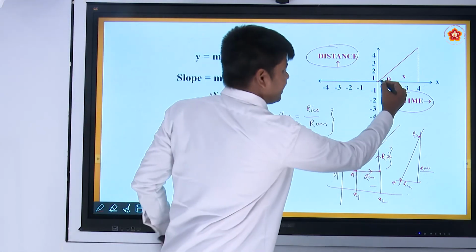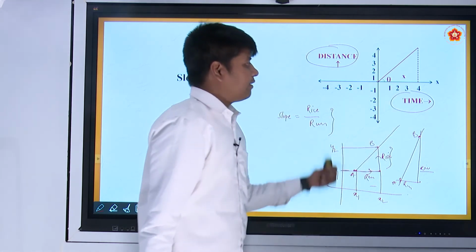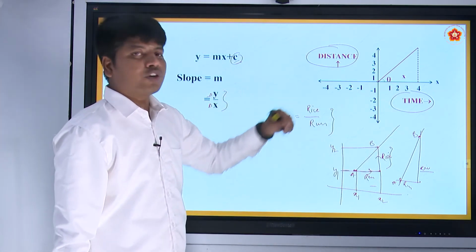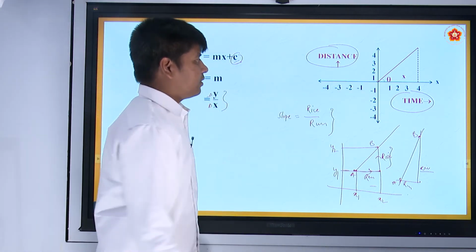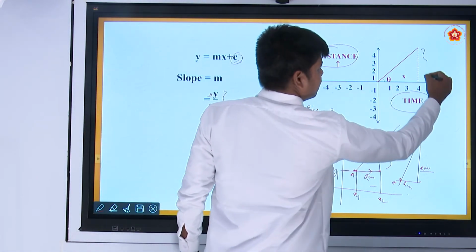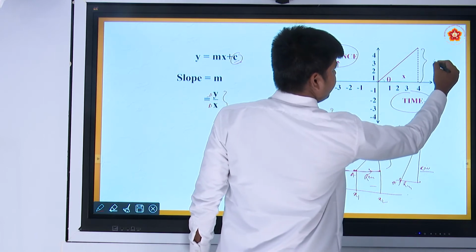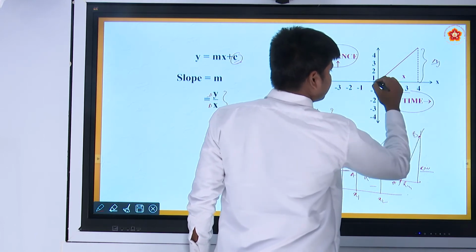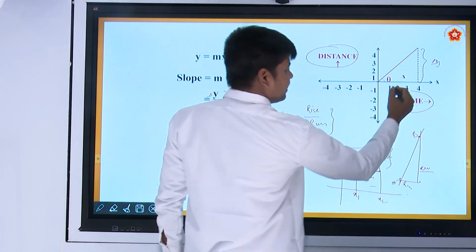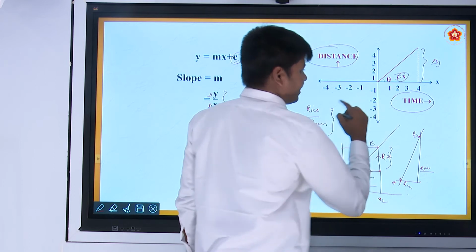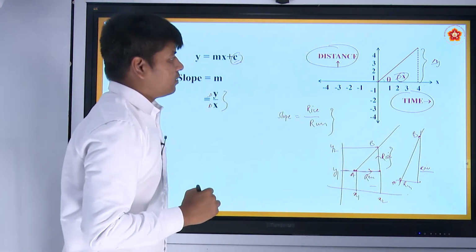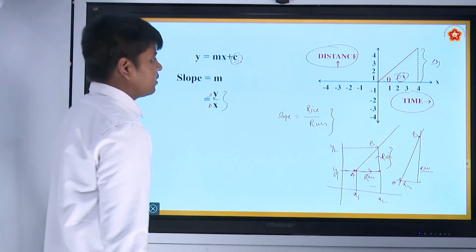If this line is making some angle theta with the horizontal axis, what will tan theta give you? This is nothing but delta y, or y, because it is starting from 0, and this is the x value. We can write it as delta x to be precise. So tan theta will give you what?